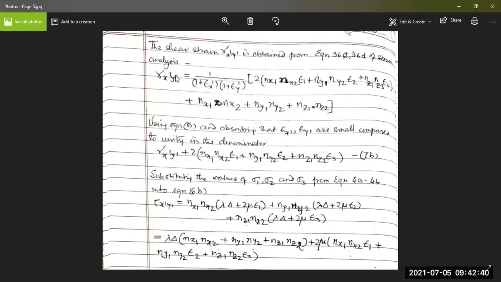So this equation reduces to gamma x dash y dash equal to 2 times nx1 nx2 epsilon 1 plus ny1 ny2 epsilon 2 plus nz1 nz2 epsilon 3 itself. Now, in equation 4, we have the values of sigma 1, sigma 2, and sigma 3 in terms of strains. So we can simply put the values of sigma 1, sigma 2 here.